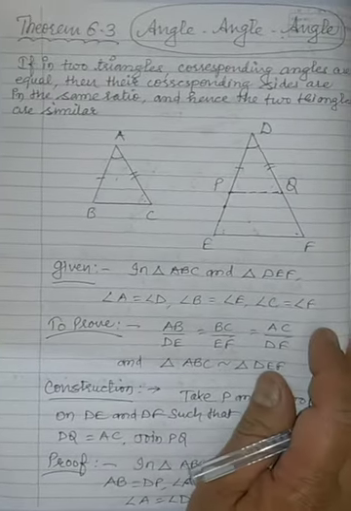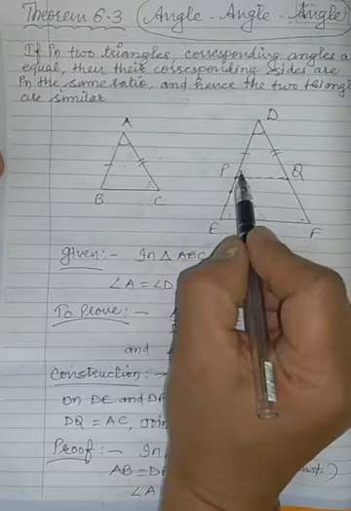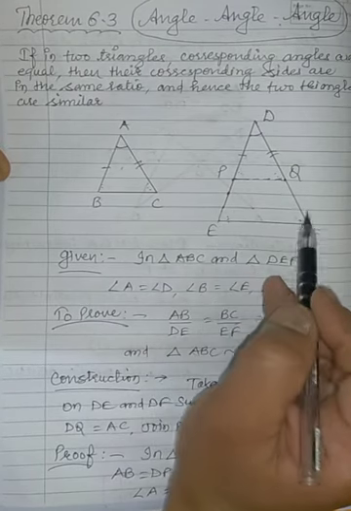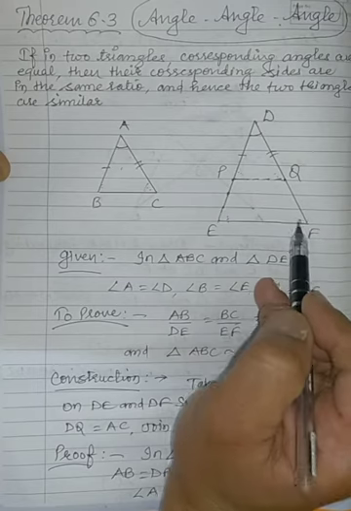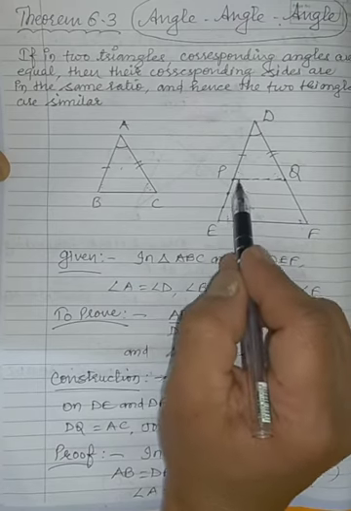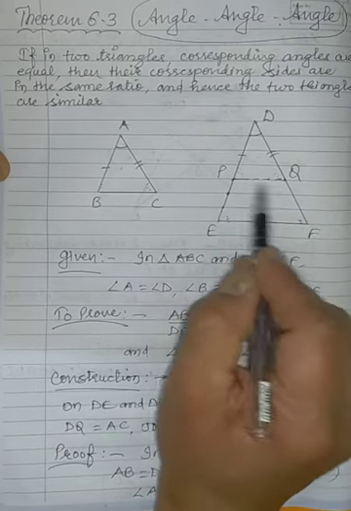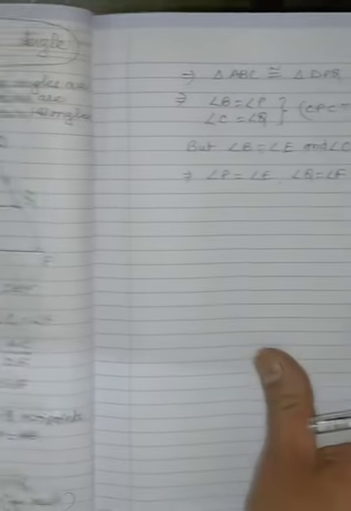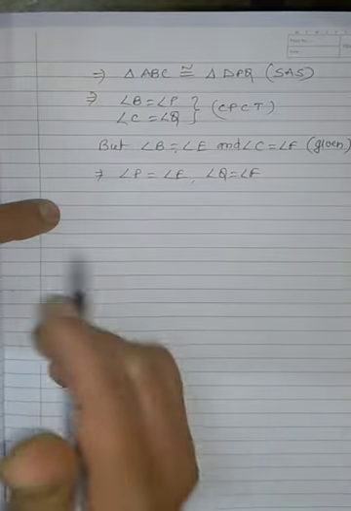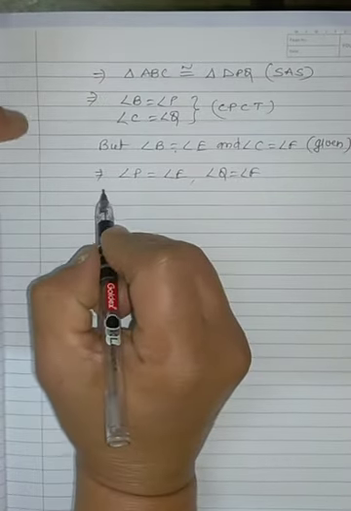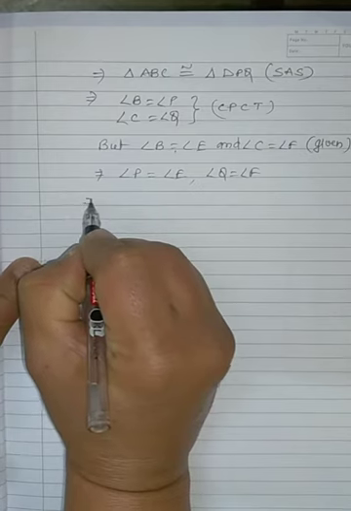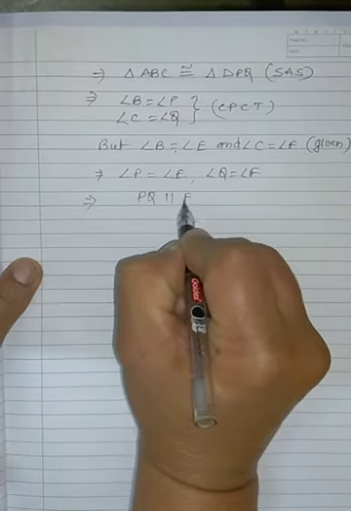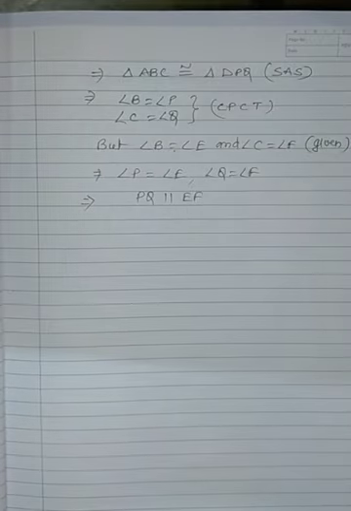So if you look at this figure, if angle P is equal to angle E, they are corresponding angles. Angle Q is equal to angle F, they are also corresponding angles, and corresponding angles are equal only if the sides are parallel. That implies PQ is parallel to EF.